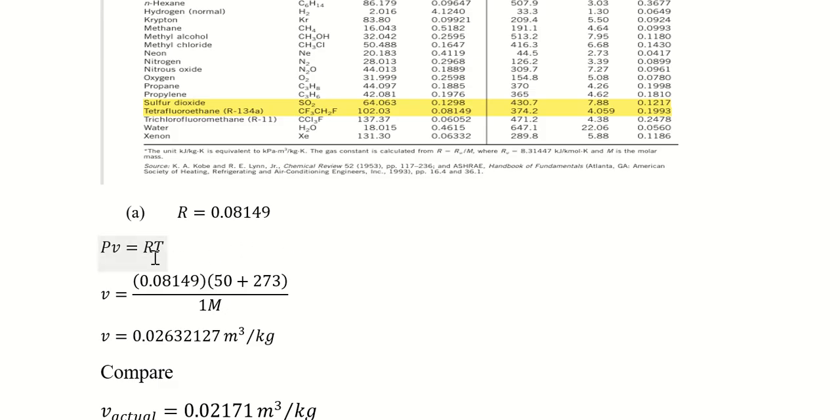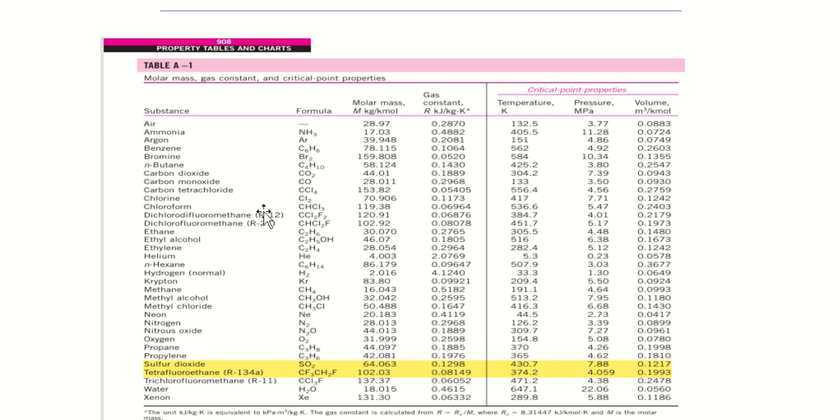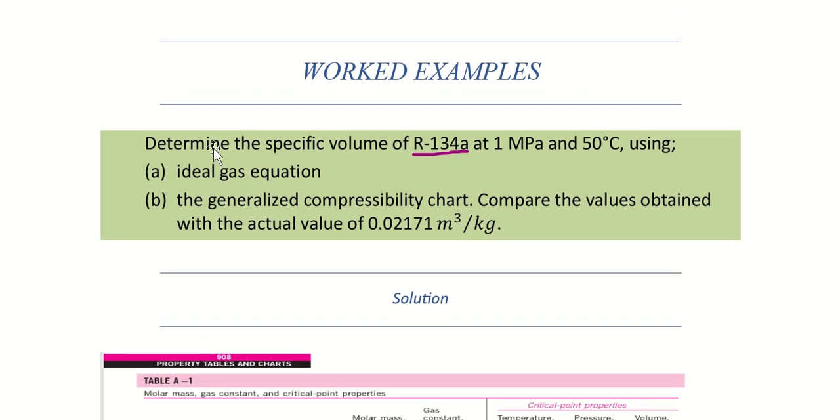And so now this is the ideal gas equation, Pv = RT. And one thing you have to notice, this is not volume. This is specific volume. It's volume per unit mass. That's why we have this kilogram. And they told us to determine the specific volume.